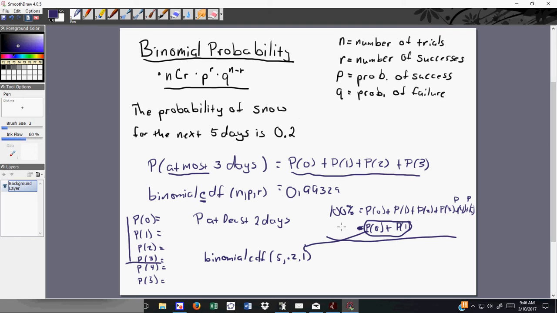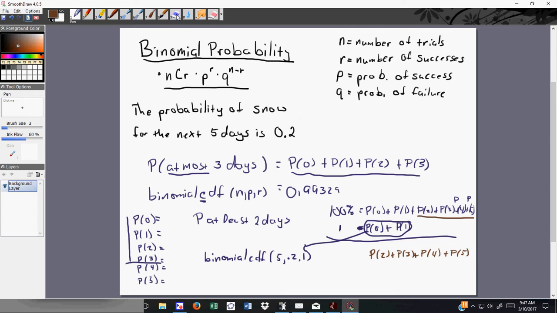So if I subtract that from 1, remember 100% is 1 whole, so 1 minus this will leave me with this here, which is the probability of 2 plus probability of 3 plus probability of 4 plus probability of 5.